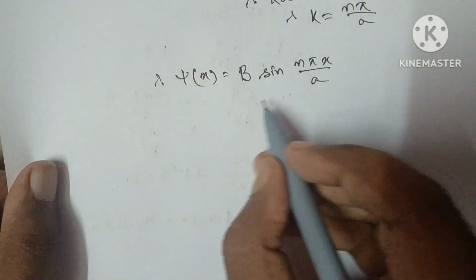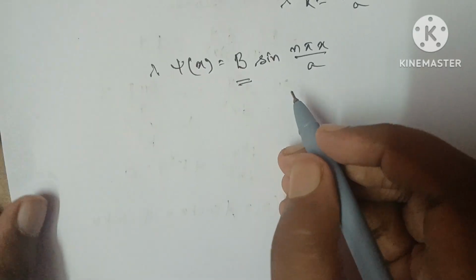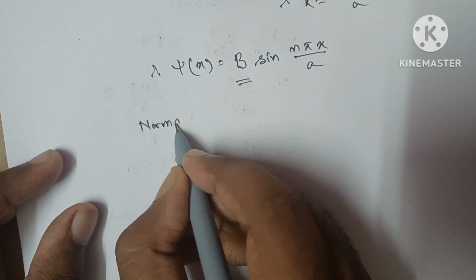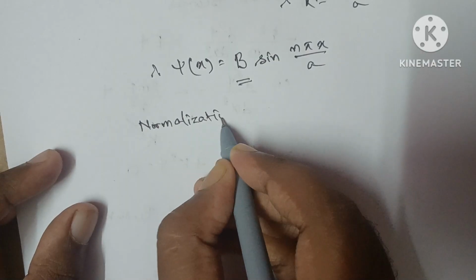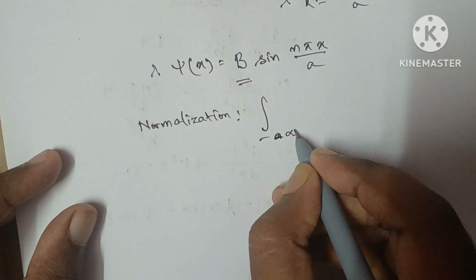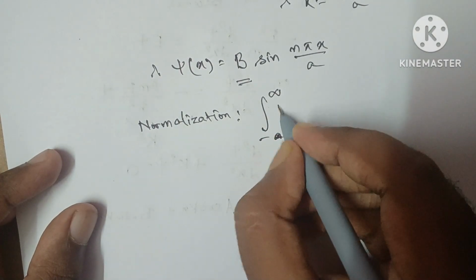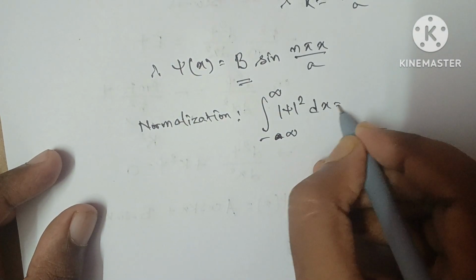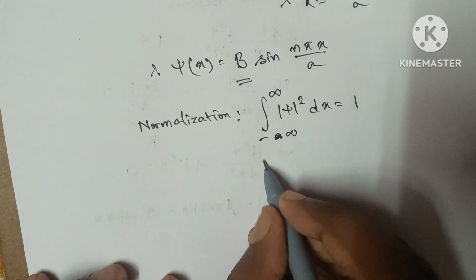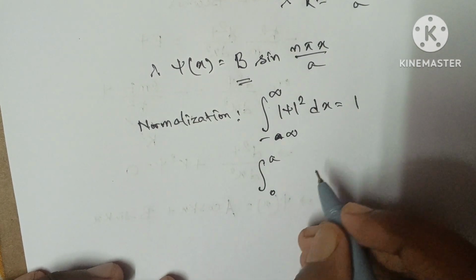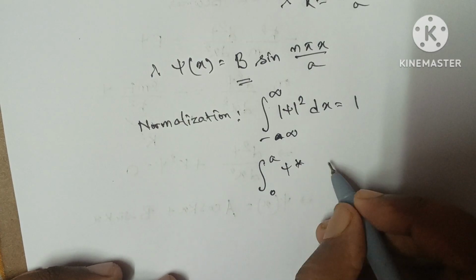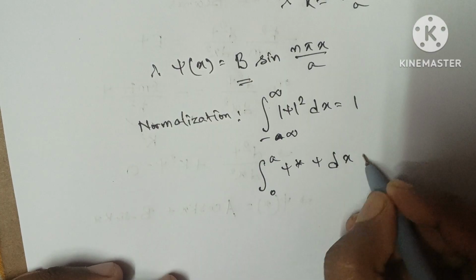Now we have to find the normalization constant b. For this we have to do normalization, which is the integral from minus infinity to plus infinity of mod psi square dx equal to 1. Now the particle is in between 0 and a, so we can write the integral from 0 to a of psi star psi dx equal to 1.